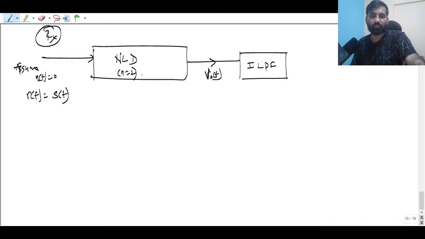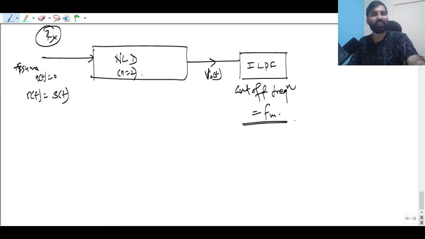What should be the cutoff frequency of the ideal low pass filter? That should be FM. Cutoff frequency is FM, because the message signal has bandwidth FM only. And you will get your message signal back, MT. This is the demodulator.